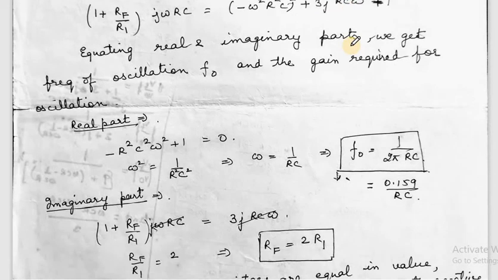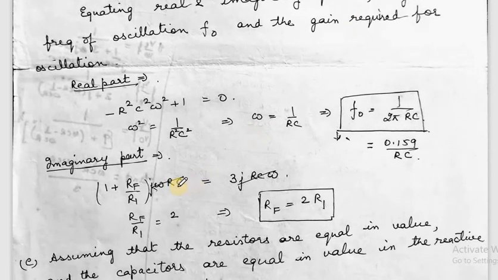So I have equated this here. As you can see, this gets cancelled out, and I get RF upon R1 equals 2, or RF equals 2R1. So this is the condition required for sustained oscillation.